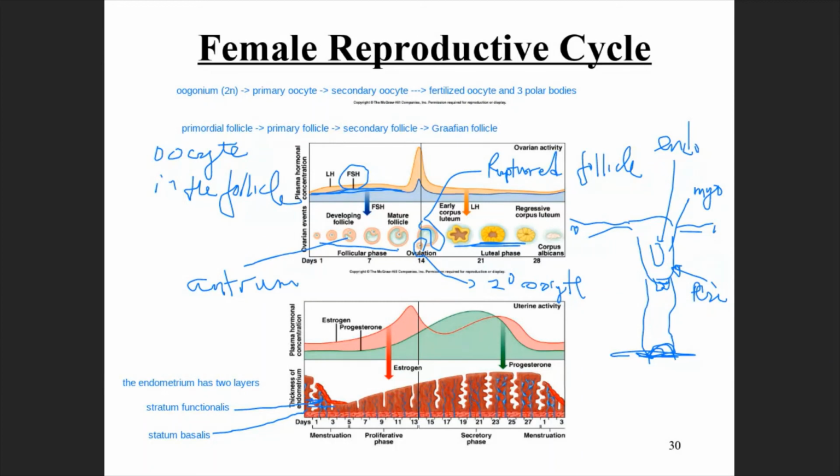Now you saw that under FSH influence, the follicle will get bigger. Bigger follicle, more estrogen. And estrogen causes, you already know, the female secondary characteristics.